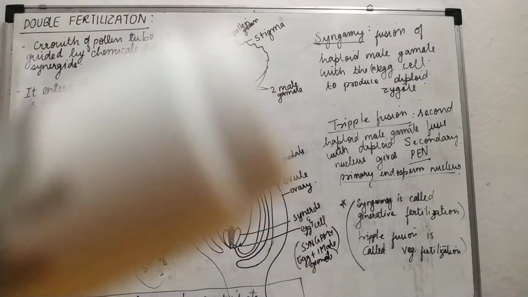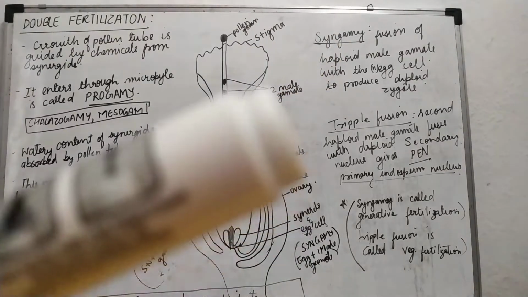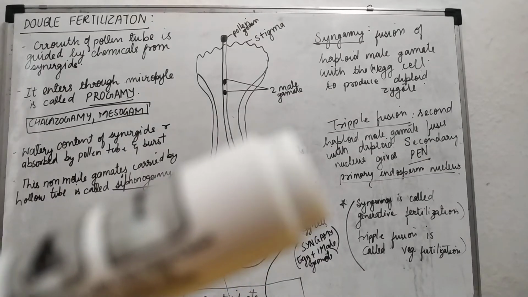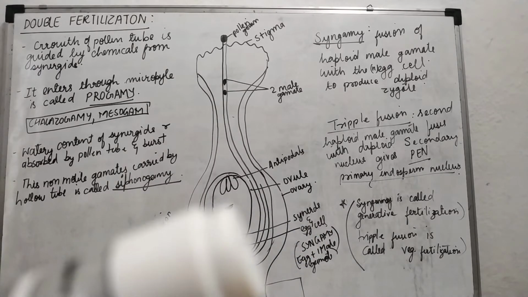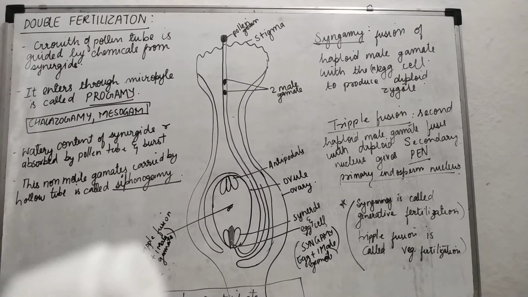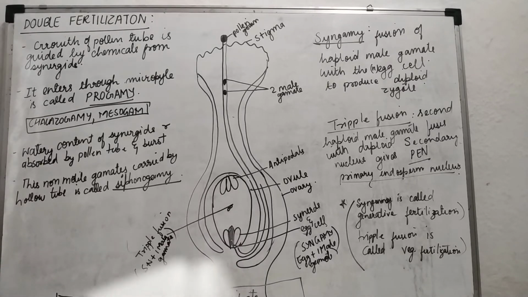The second male haploid non-motile gamete. There were two male gametes, one went with syngamy. Now the second male gamete will fuse with the diploid secondary nucleus, which you can see in the middle. We have just revised the female reproductive structure, the female gametophyte.